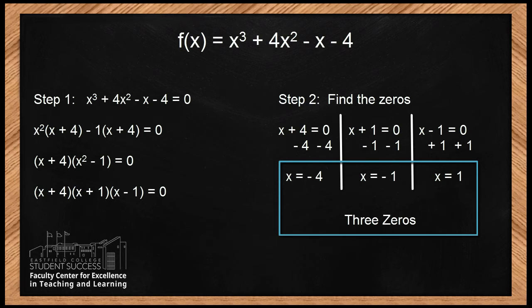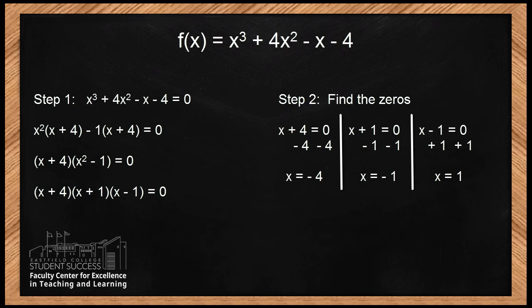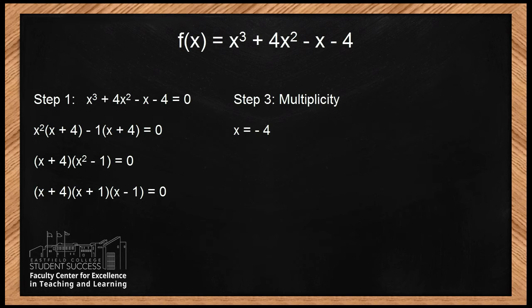Now we answered the question for finding the zeros, but we didn't answer the question on finding the multiplicity. So step number 3, multiplicity. Let's look at the multiplicity for the first zero, x equals -4.